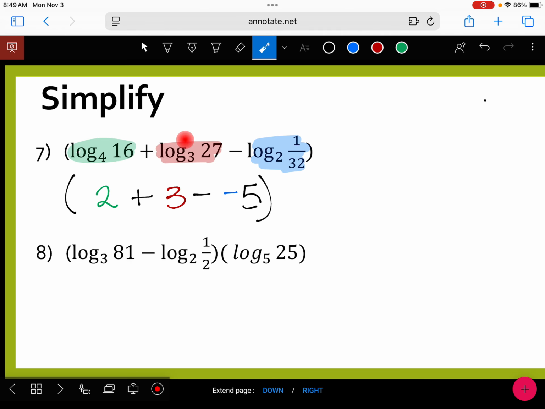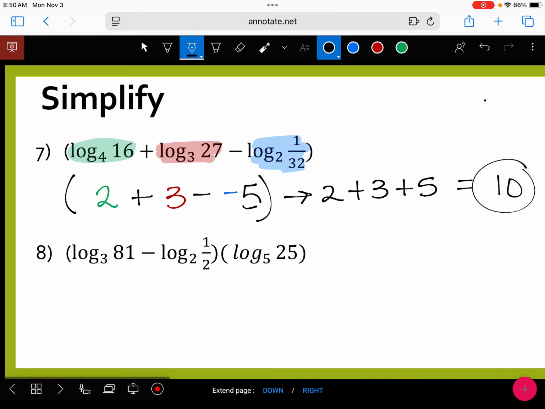Every single last one of these are numbers. We had to figure out what the numbers were. So we know when you subtract the negative, right? What is going to happen with these two? It's going to become a positive. So we would have 2 plus 3 plus 5. And my final answer would just be 10.